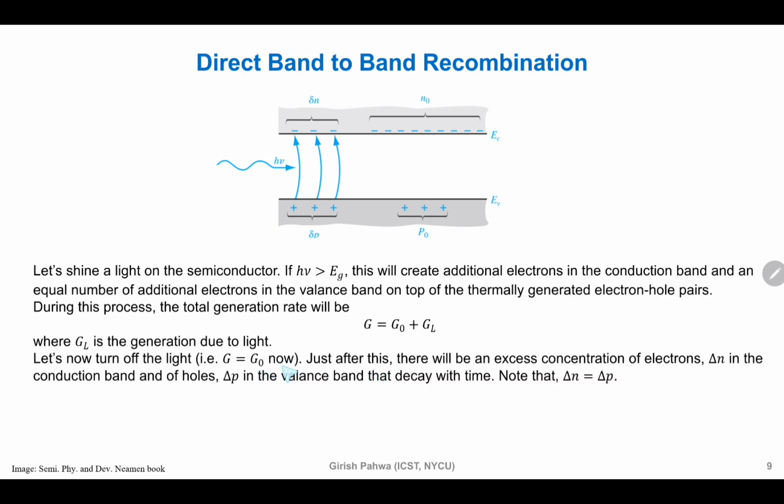The total concentration is N naught plus delta N for electrons, P naught plus delta P for holes. That's the total concentration right now, just after you switch off the light. And of course, because electrons and holes are created in pairs, whatever you have created through light, delta N must be equal to delta P. Yes? Because they are created in pairs.